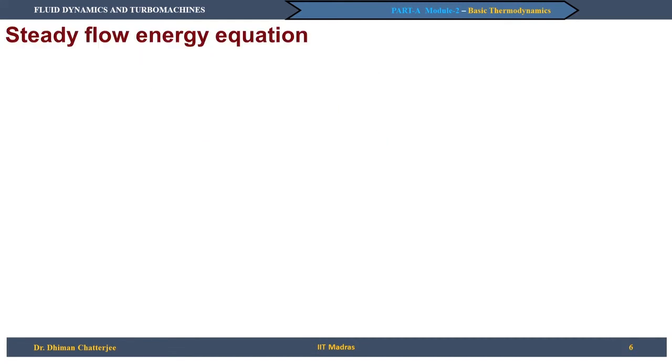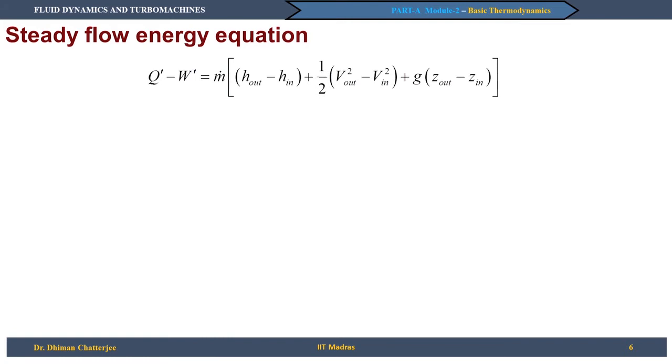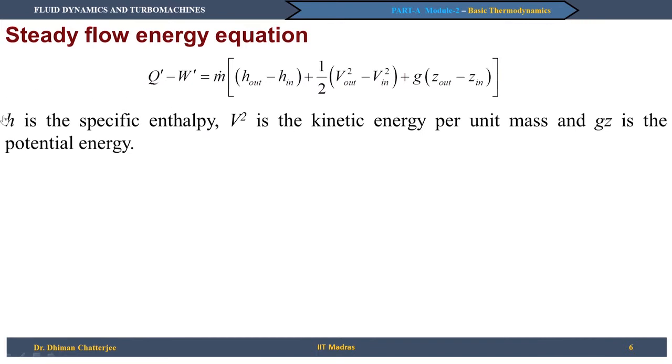We will say that m dot in equal to m dot out equal to m dot, and the energy equation reduces to Q prime minus W prime is m dot times H out minus H in plus half V out square minus V in square plus G Z out minus Z in. All right. Let us look at the terms again.